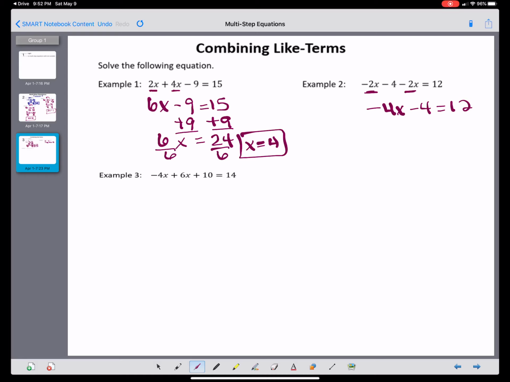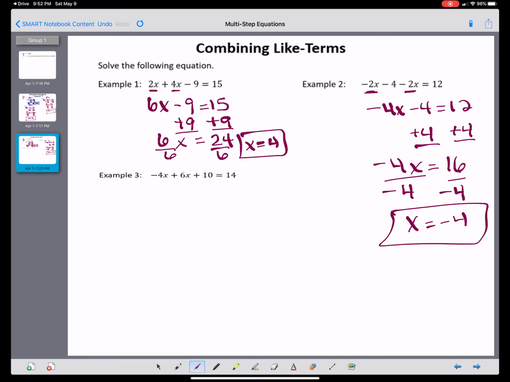I have a two-step equation, so I'm going to add or subtract first, and then multiply and divide last. I need to add 4 to both sides. I get negative 4x is equal to 16. Well, divide by negative 4. x is equal to negative 4.